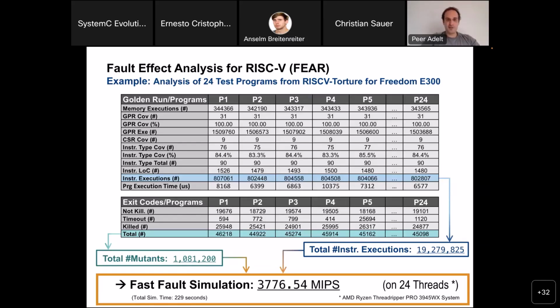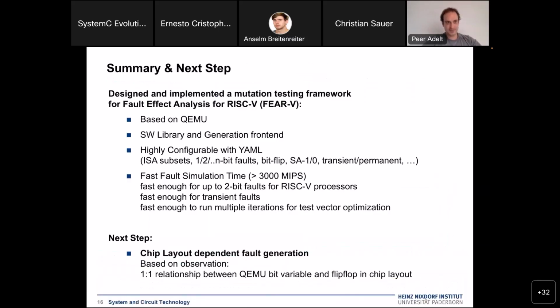Okay, putting it all together. I briefly showed you our fault effect analysis for RISC-V testing framework. It's based on QEMU, and it incorporates existing software libraries, handwritten tests from ourselves, and also we provide a generation front end that allows to use and configure RISC-V Torture and CSmith.